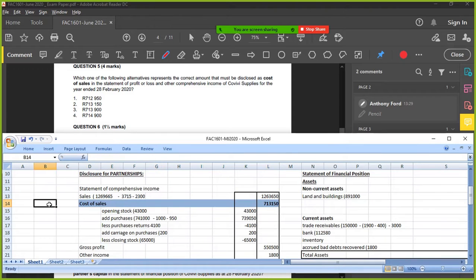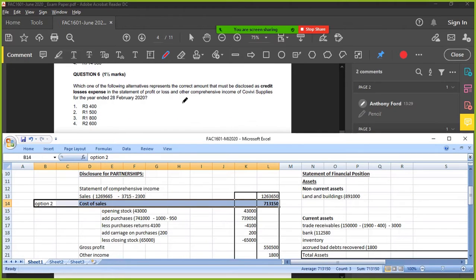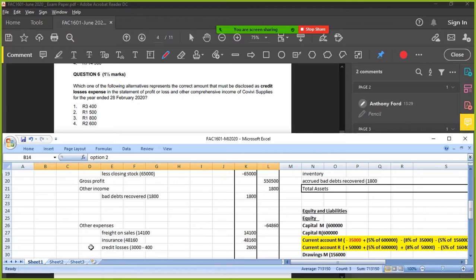Do you agree? Yes. Okay, 713150. Question 6. Which one of the following alternatives represents the correct amount that must be disclosed as credit losses? Credit losses, where are you? 2,600, option 4.